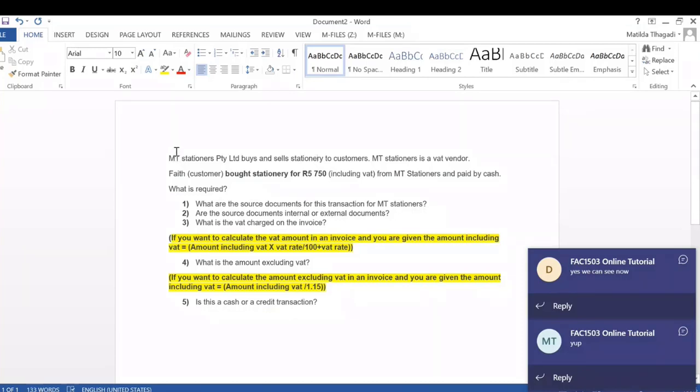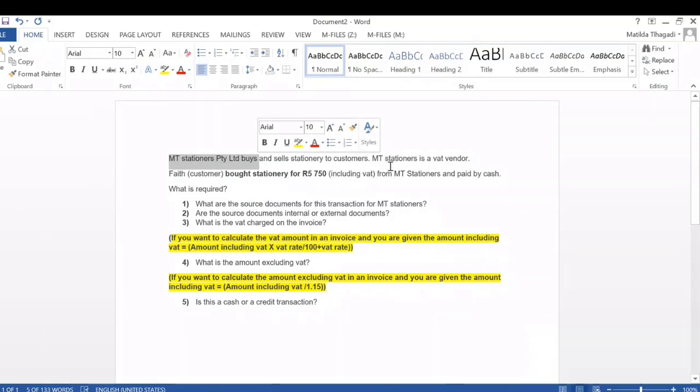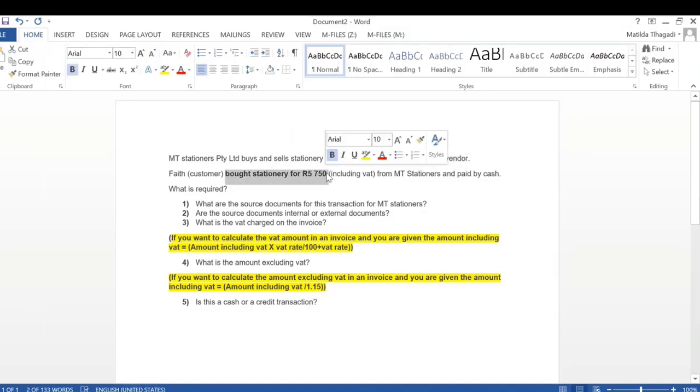MT Stationers buys and sells stationery to its customers. MT Stationers is a VAT vendor. Faith, who is a customer, bought stationery for 5,750, including VAT, from MT Stationers, and Faith paid by cash.